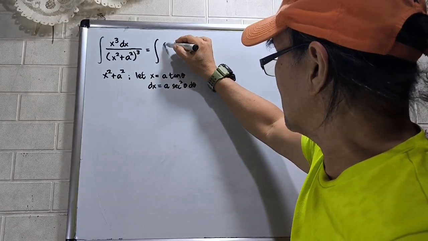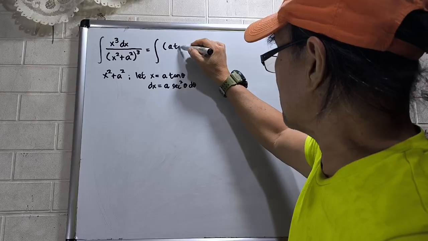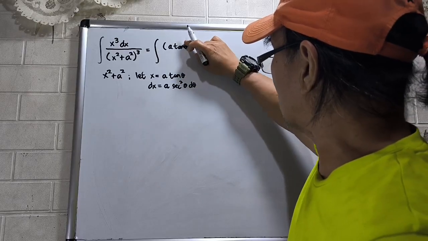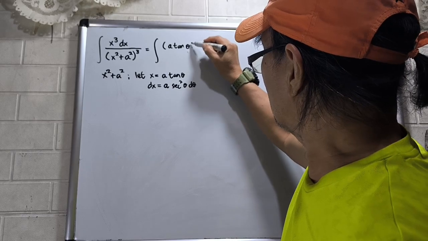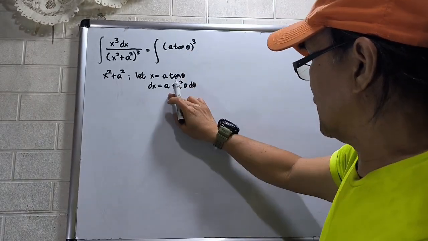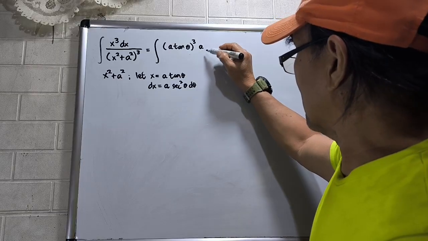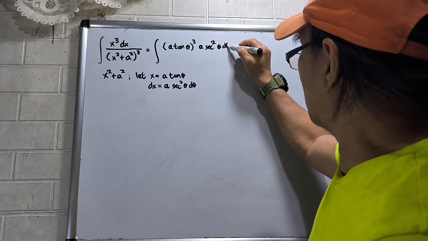So I have circle brackets x cubed, so this will be a times tangent theta, raised to the power of 3, then dx will be a times secant squared theta d theta.